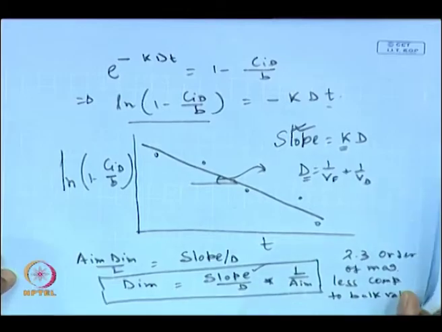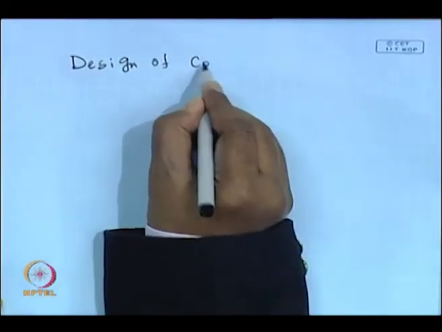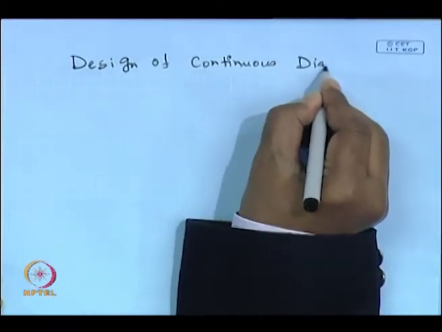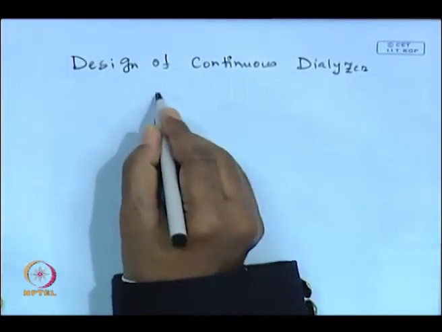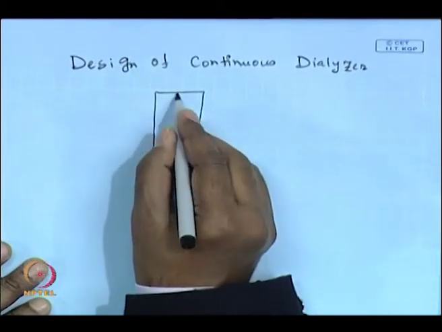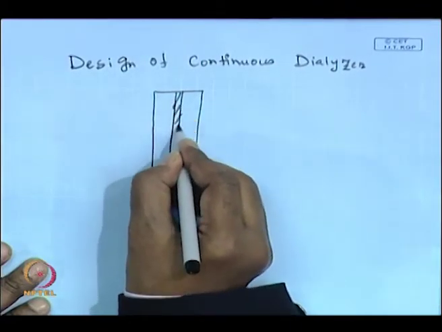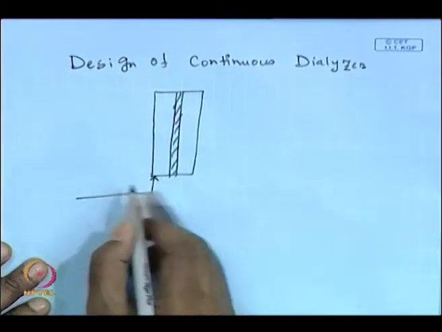Now, let us look into the various aspects of design of continuous dialyzer. Let us draw the schematic once again.